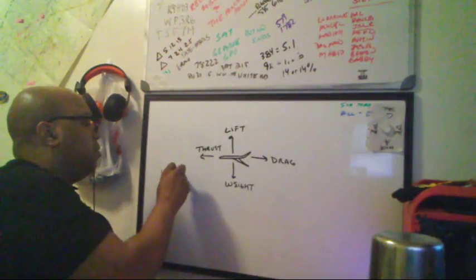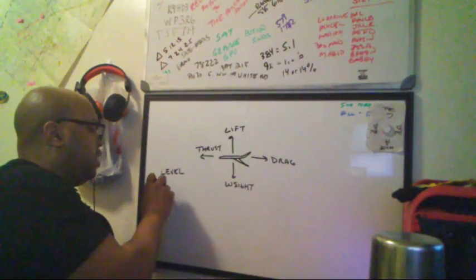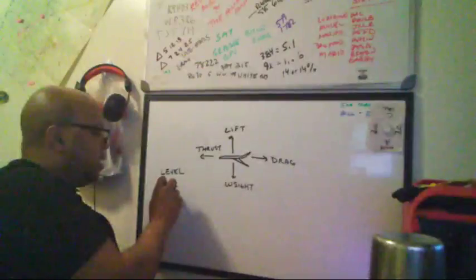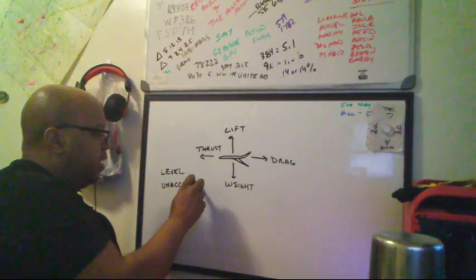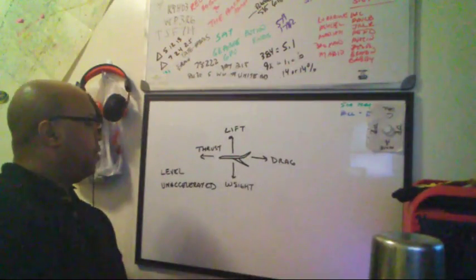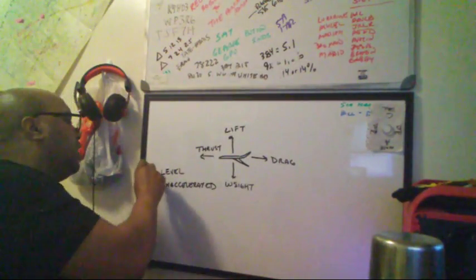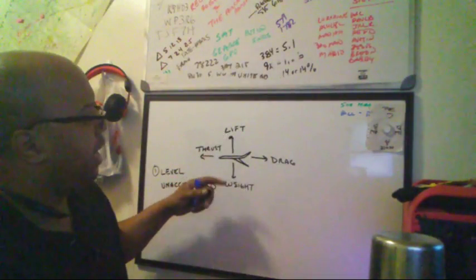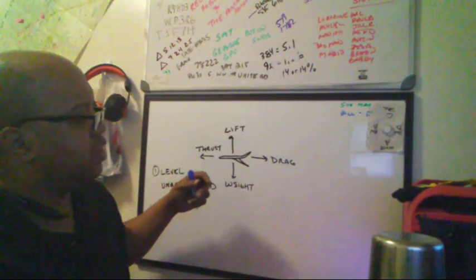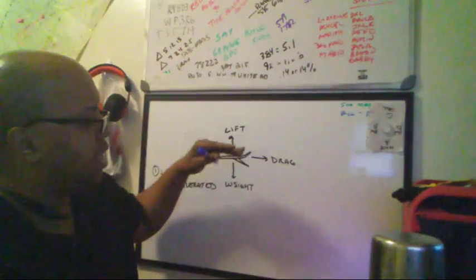Level, two conditions, and the second one is unaccelerated. So condition one has to be level. What that means is that we're not getting more lift than weight. The forces are balancing each other out, so I'm not climbing and I'm not descending.